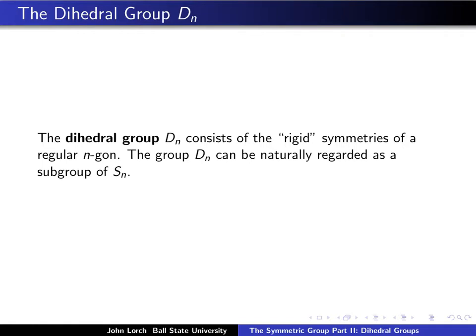We're going to be seeing that this dihedral group, D sub n, can be regarded naturally as a subgroup of the symmetric group, Sn. We begin with the dihedral group D3. So D3 is the symmetries of an equilateral triangle. And that should sound familiar because in the last video we talked about the symmetries of the equilateral triangle.